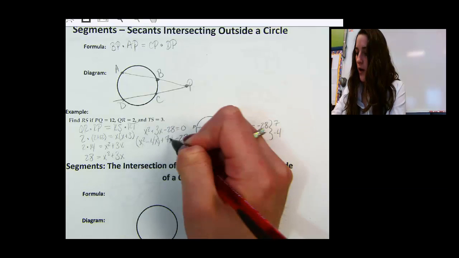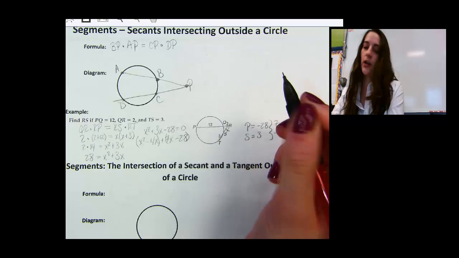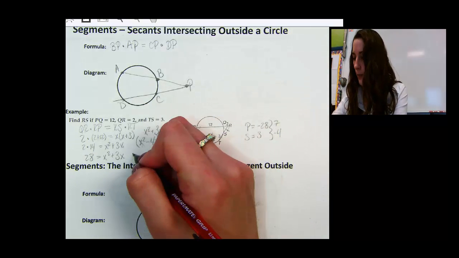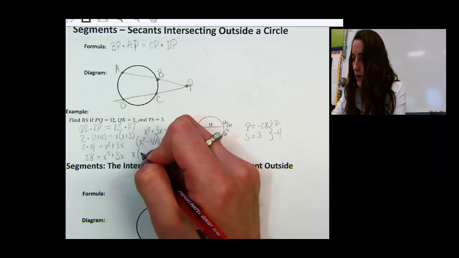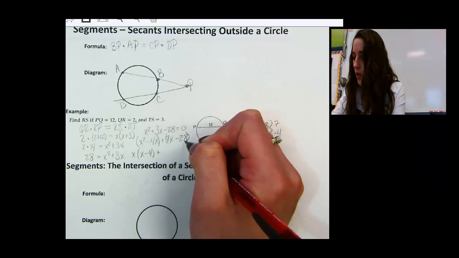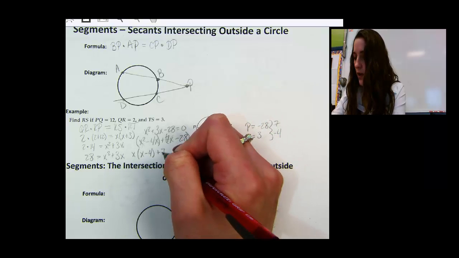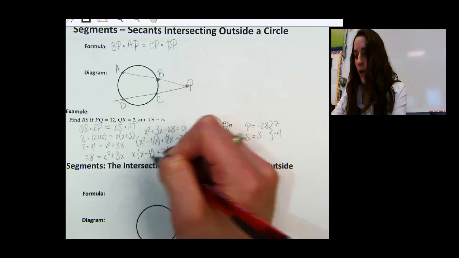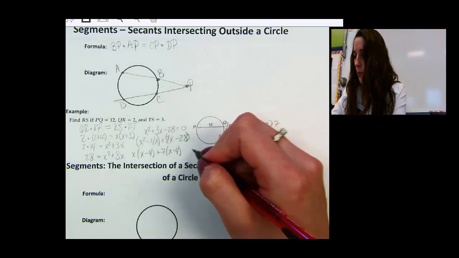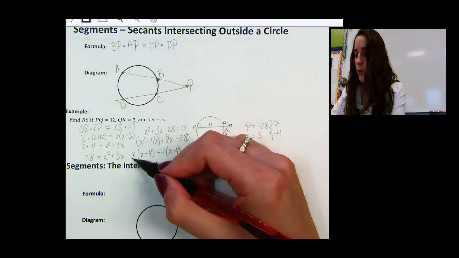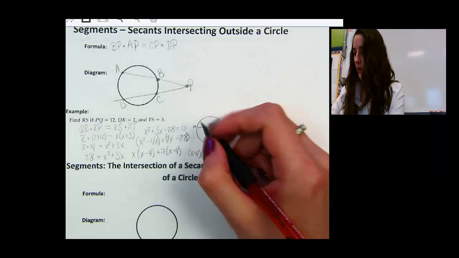I'm going to look at these first two terms and these last two and factor out a greatest common factor. Between x squared and negative 4x, I'm going to have an x times x minus 4, plus 28 and 7x, the greatest common factor is 7, so 7 times x minus 4. X minus 4 is matched, so I'm going to end up with x minus 4 times what's left, which is x plus 7.